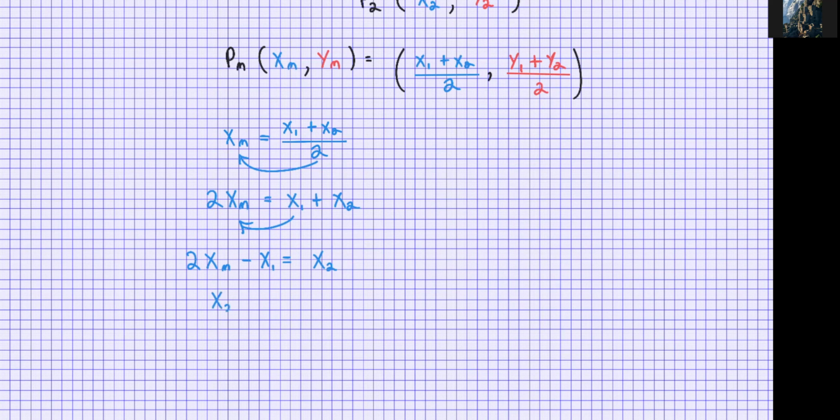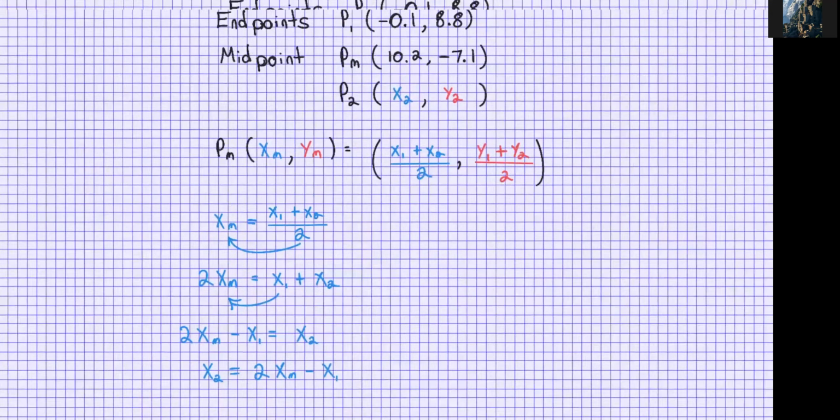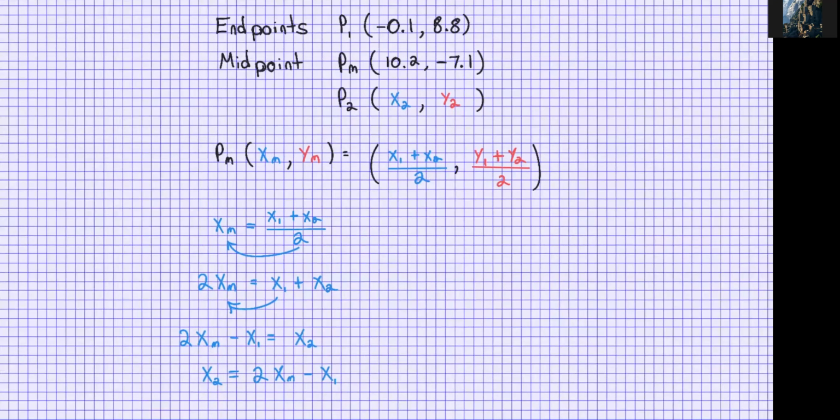So let's rewrite it. Let's do a little arrangement in here. Here we go. And now we can do the substitution. If you see, xm, which is the x coordinate for the midpoint, is 10.2. And x1 is negative 0.1.